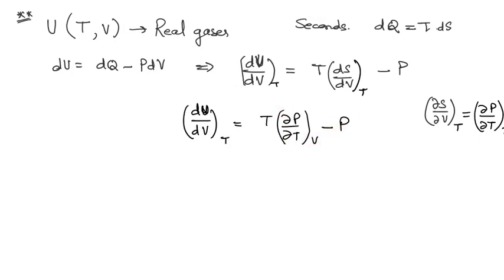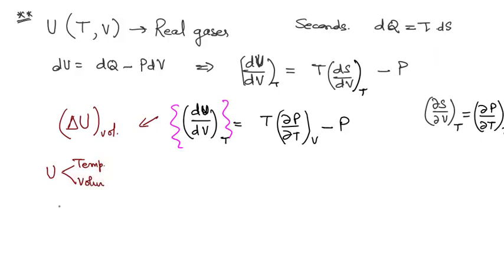Just look at this quantity which I have calculated. It tells you how the internal energy varies with respect to volume. So there are two quantities: U depends on temperature and volume.